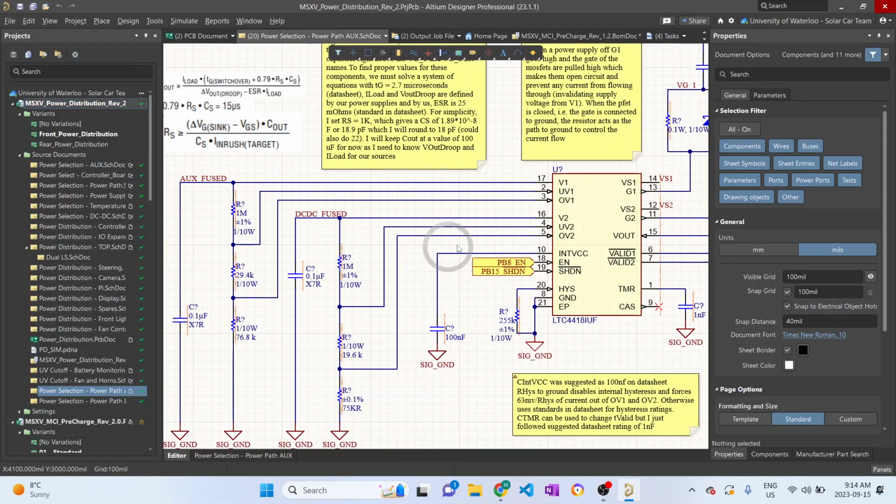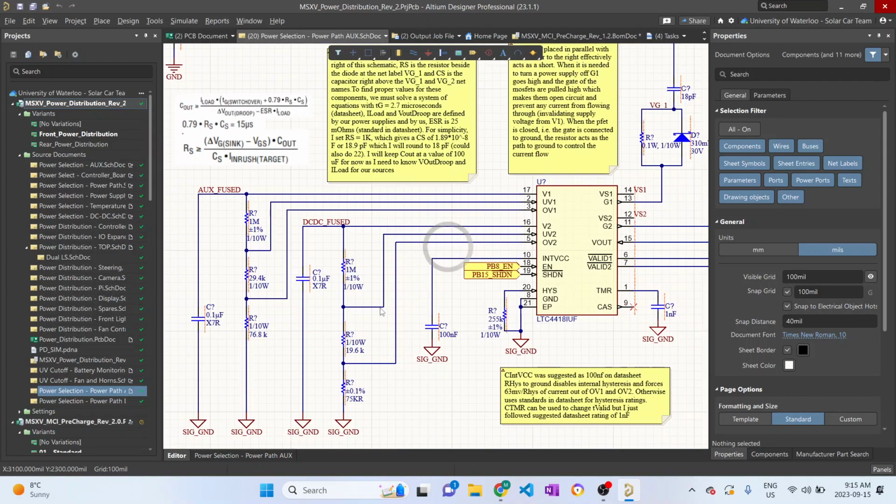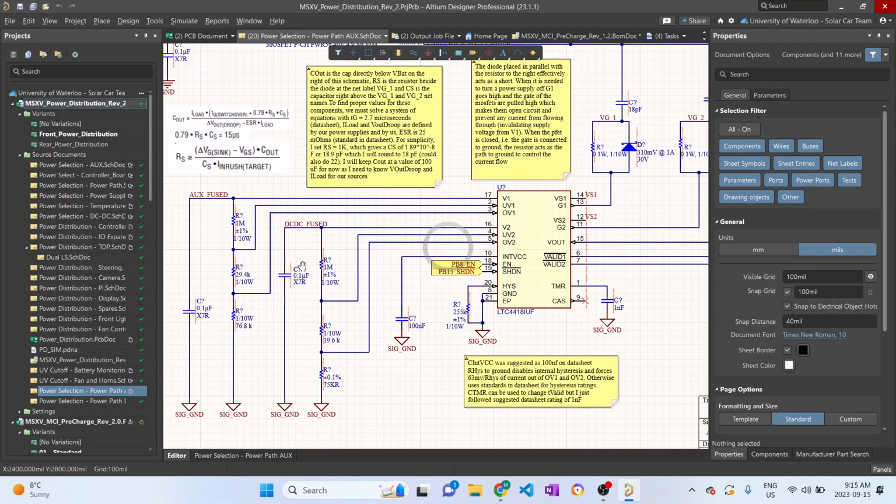So V1 is valid if it is under a voltage specified by the voltage over here, given by the voltage divider equation, and same thing with over voltage. So if it's over the voltage specified here, then it's valid. Same thing for DC-DC. Basically, if the auxiliary is valid, then we just use V1 and we don't use V2. But if V1 fails, then we use V2 as our V out.